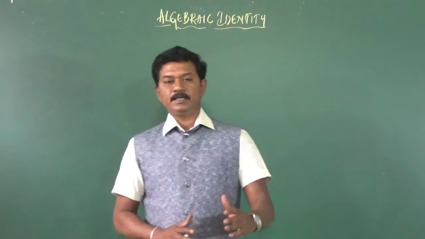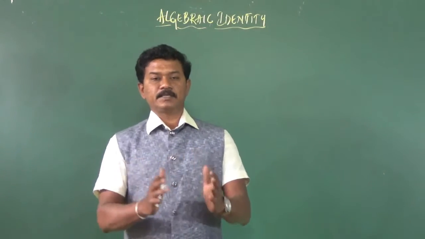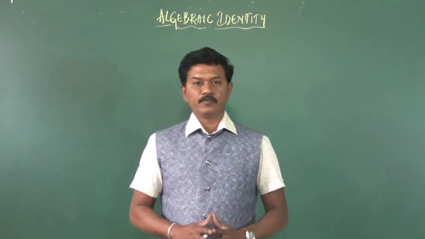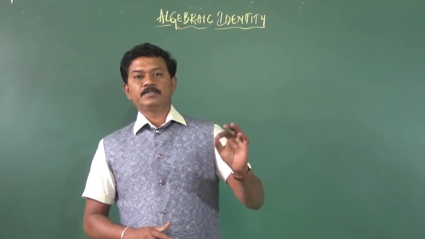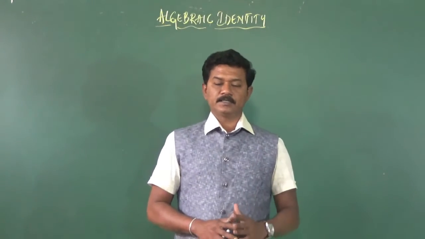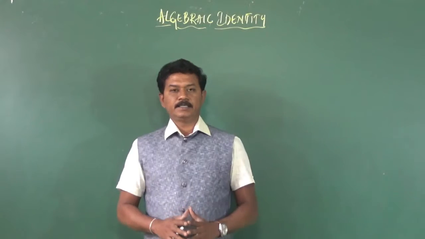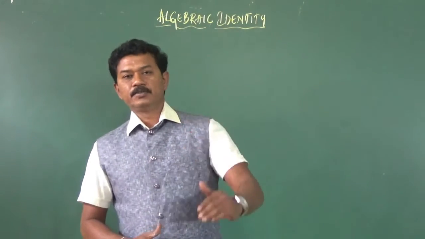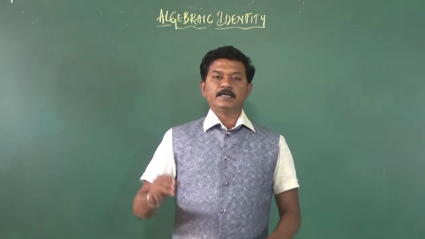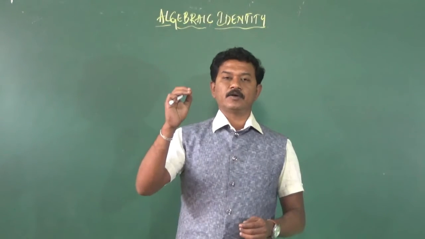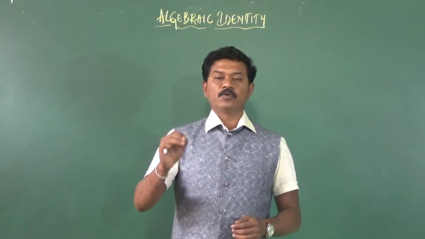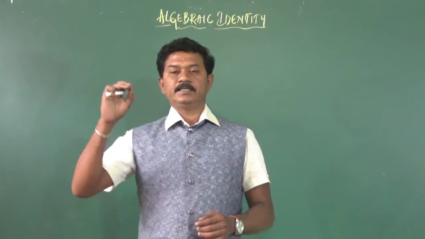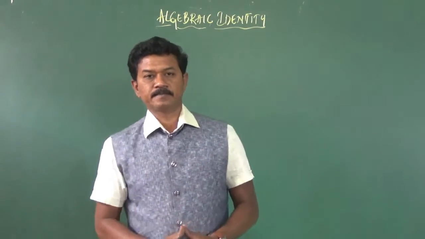So what is an identity? An identity is a mathematical statement or an equality which is true for all the values of the variables which are involved in it. That's the definition of an algebraic identity. The first use of an identity is that it makes mathematical computations more concise and accurate.